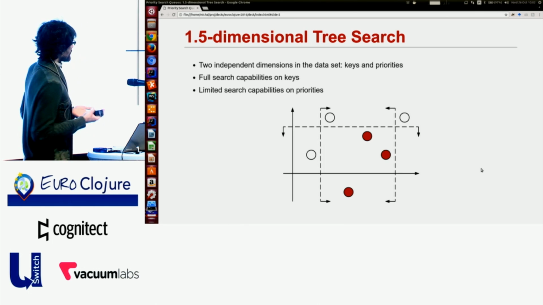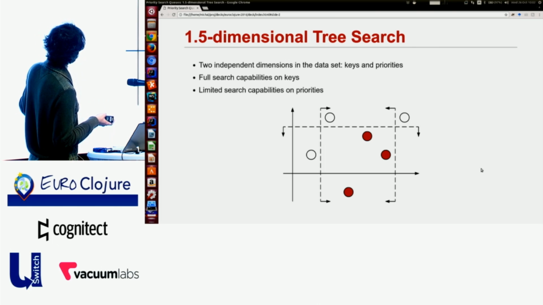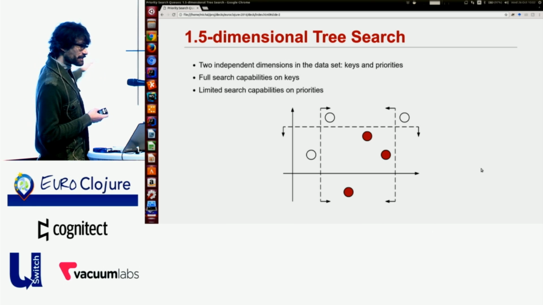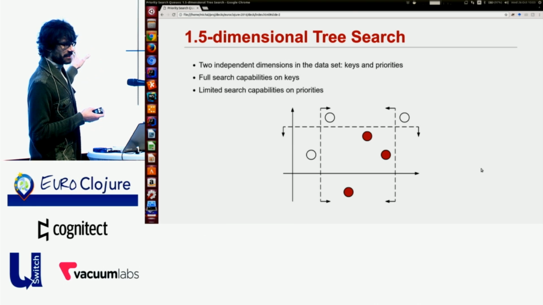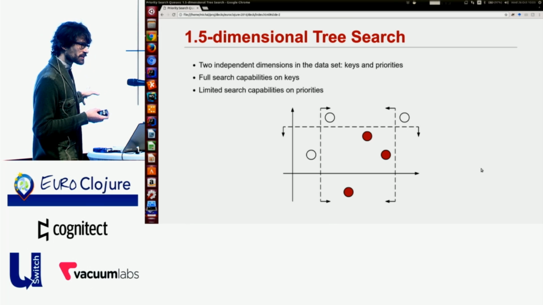And so the net effect of this is that priority search queues recognize two independent dimensions in the data set, and along the key dimension, they support full-powered search, as found in regular sorted maps.